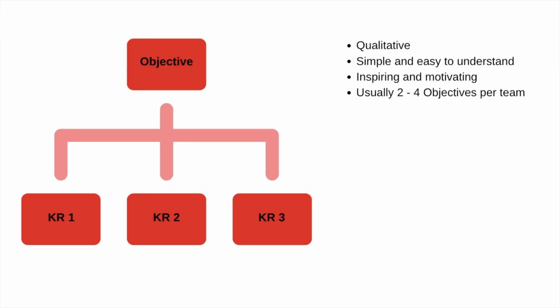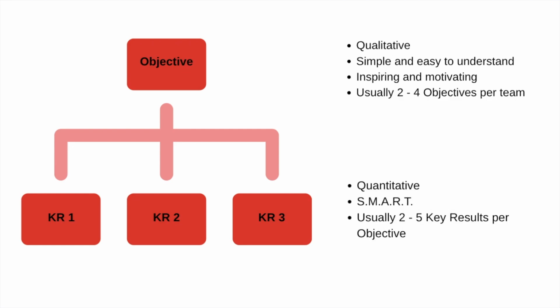Ideally, a team should focus on just 2 to 4 objectives each quarter to maintain clarity and impact. On the other hand, key results answer: how will we know we're succeeding? They are quantitative, SMART goals, and usually limited to 2 to 5 per objective to keep focused.